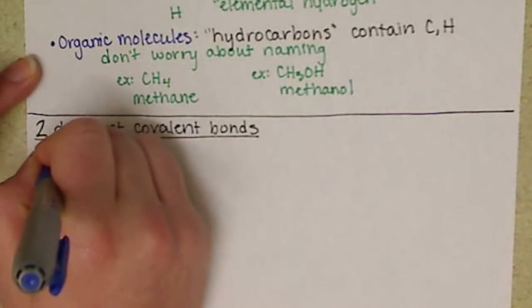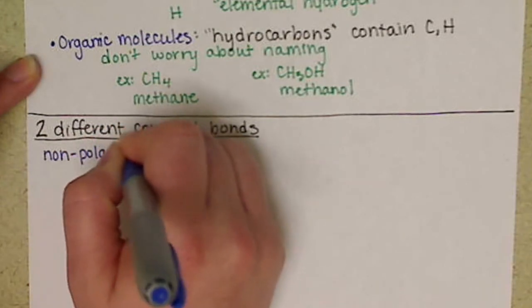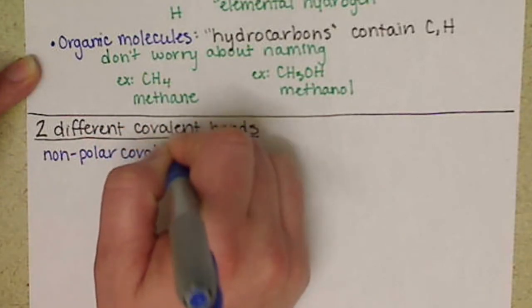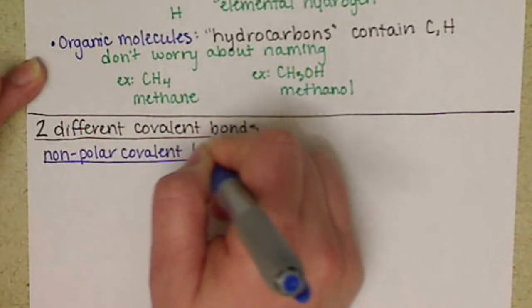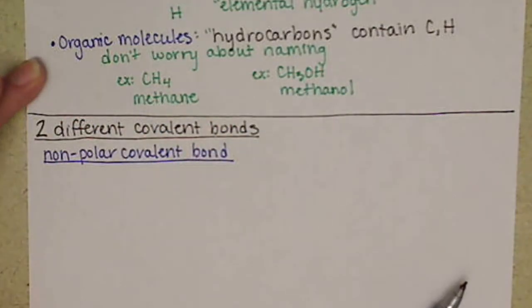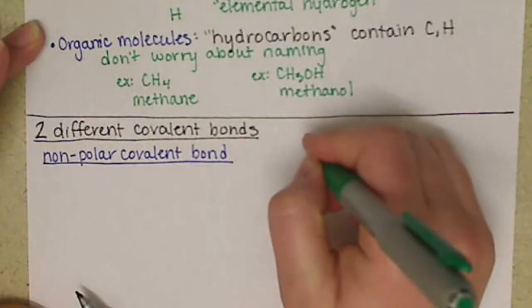The first one is called a nonpolar covalent bond. And our other bond is called a polar covalent bond.